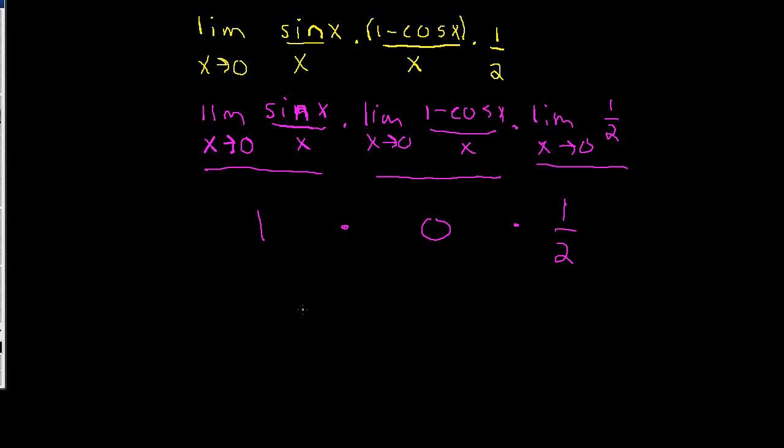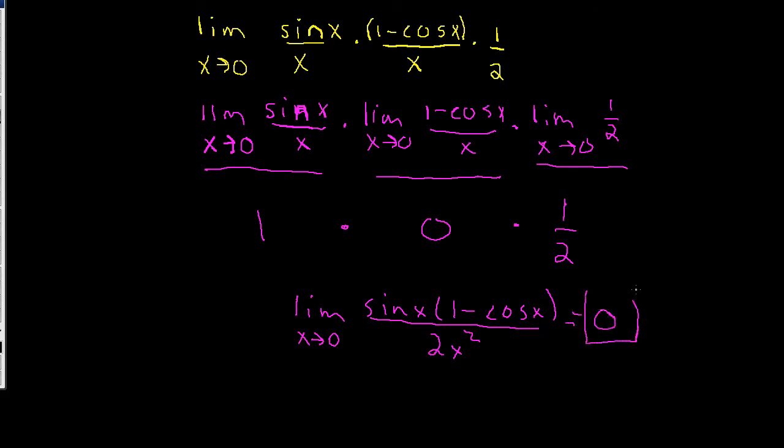So the limit as x goes to 0 of the sine of x times 1 minus cosine x over 2x squared is 0. And you could check that on your calculator. You can look at a graph. You can look at a table to confirm that.